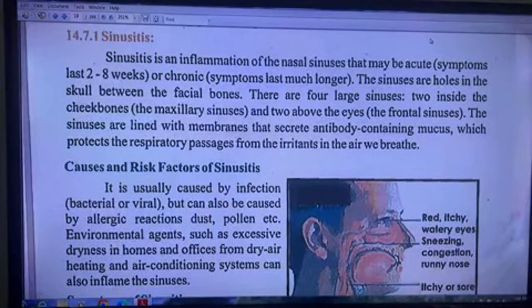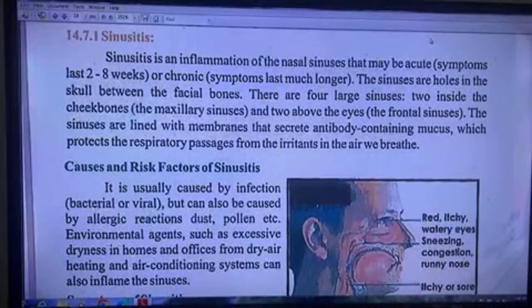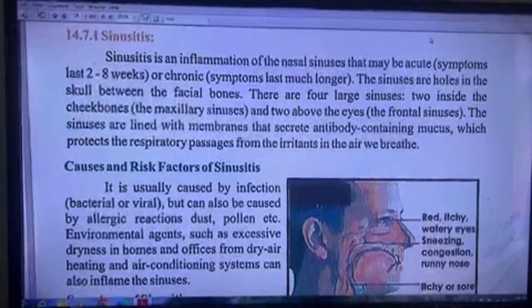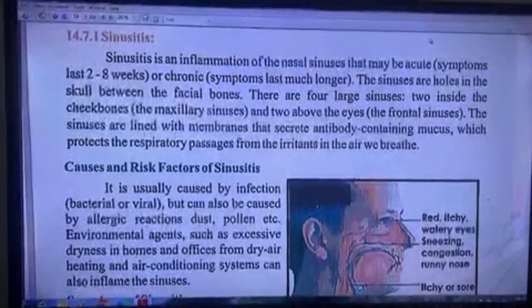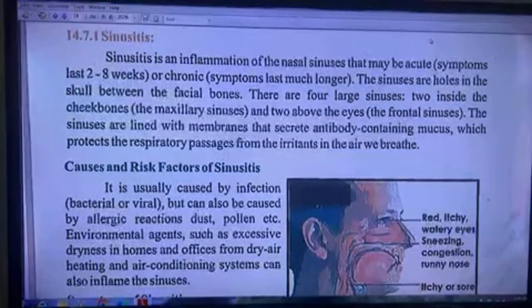There are four large sinuses: two inside the cheekbones, the maxillary sinuses, and two above the eyes, the frontal sinuses. Sinuses are lined with membranes that secrete antibody-containing mucus, which protects the respiratory passages from the irritants in the air we breathe.